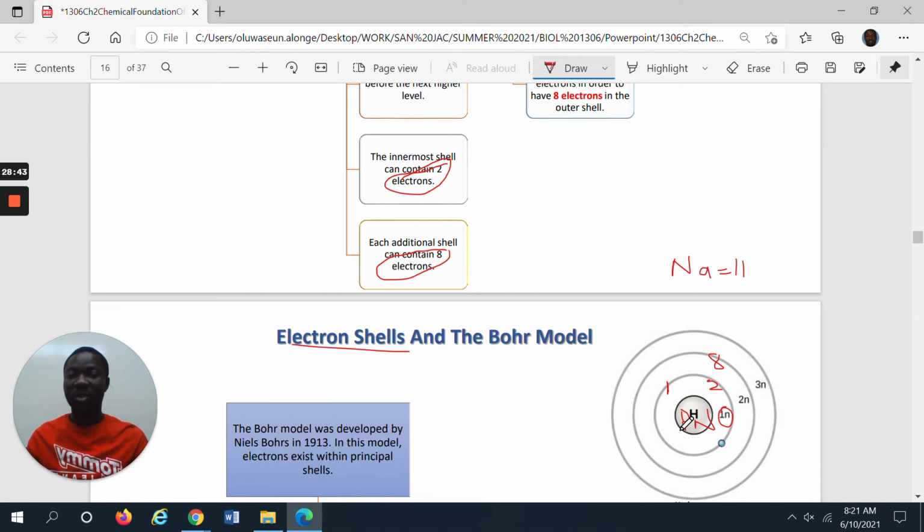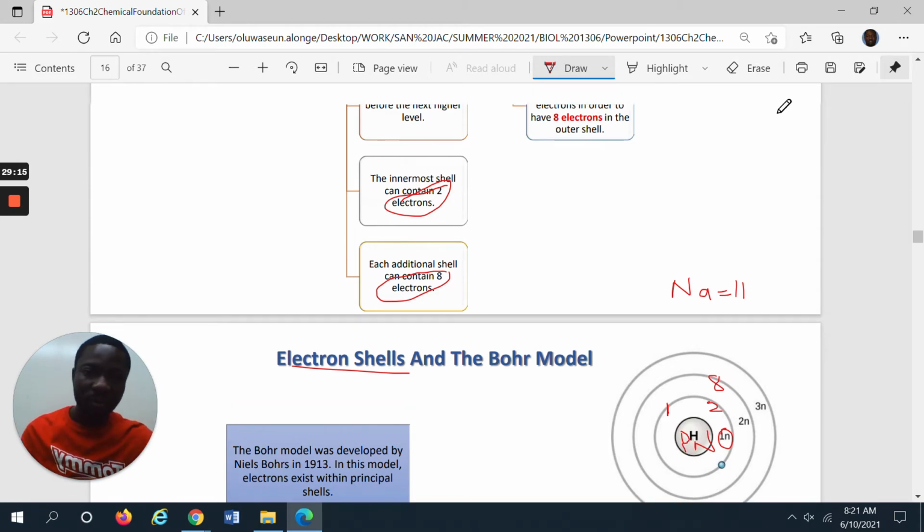The second shell cannot take more than 8. The third shell can take 8, and even the 20th shell can take 8. Every other shell after the first one can take 8. So think about it. The first shell, the maximum it can take is 2. It can take 1, but the maximum is 2. But every other shell outside the first shell can take 8 electrons. Does that make sense? All right.